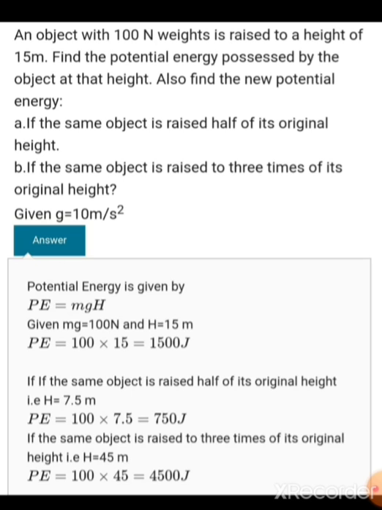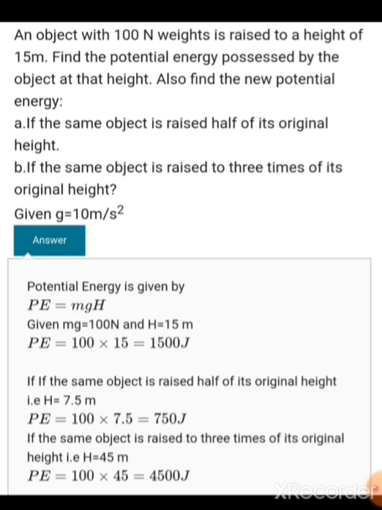Here it is given in Newton, so we will take it as force. The weight of the object, that is equal to force, is raised to a height of 15 meter. Here also mg is 100 Newton and height is 15 meter. The formula is mgh. So potential energy is equal to mgh, that is 100 into 15. By multiplying these two, 1500 joule will be our answer.